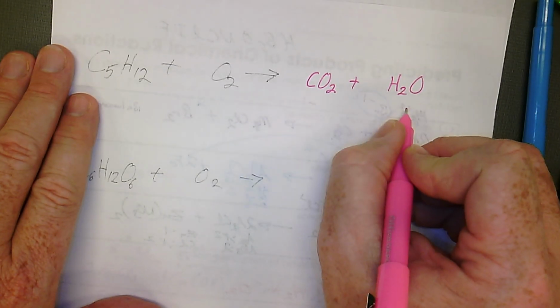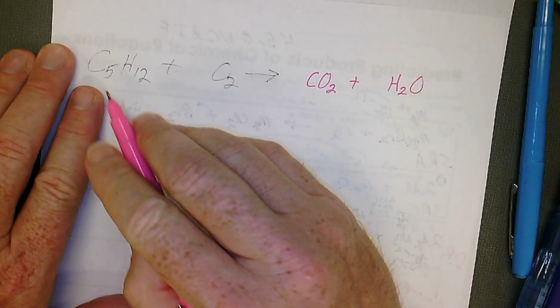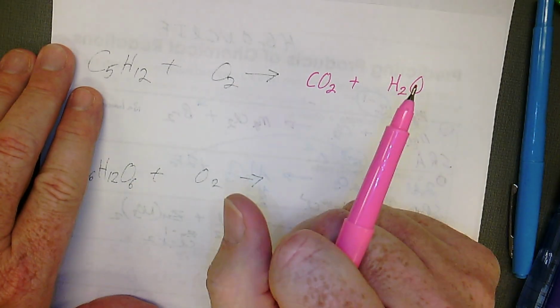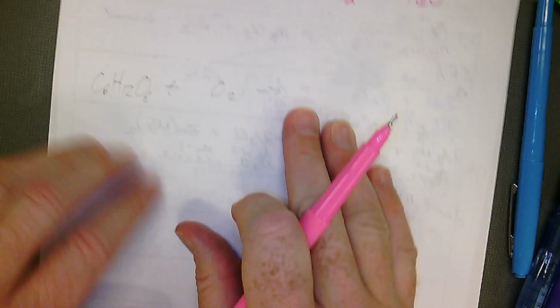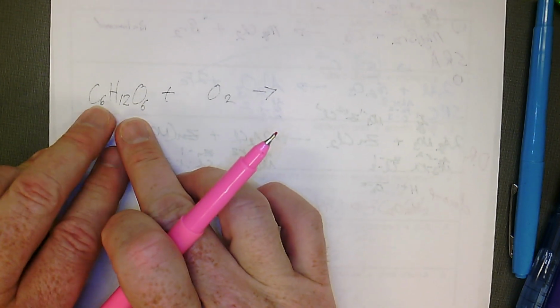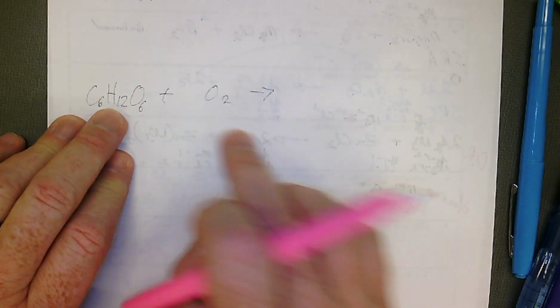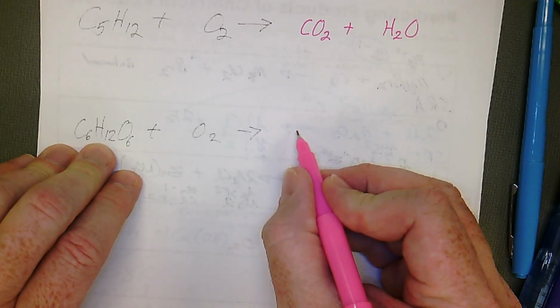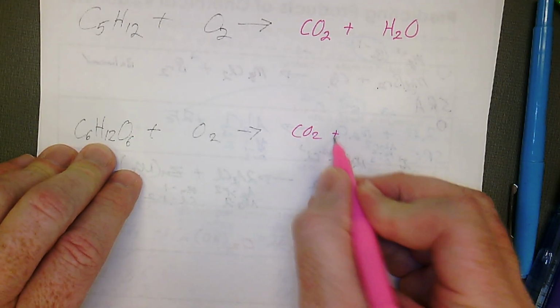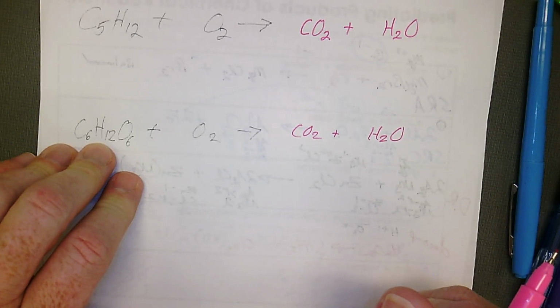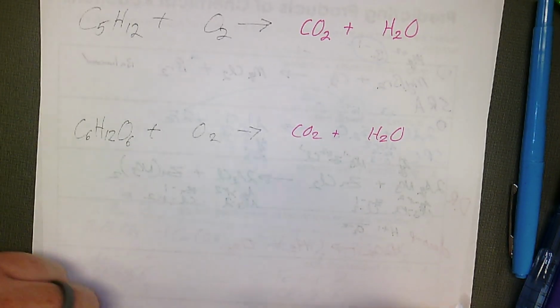Carbon dioxide and water. If I see C something, H something plus oxygen, I'm like, bam, I got it. CO2 and H2O. So this one is a little more complex. C6H12O6 plus O2 is going to give me what? CO2 and H2O. Right? Yes, Mr. Beeman. All right, cool.